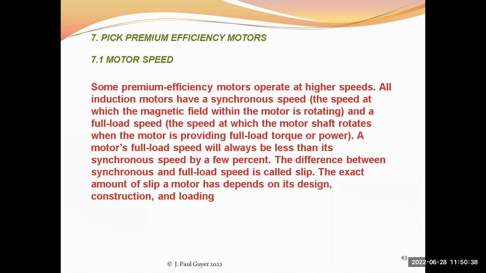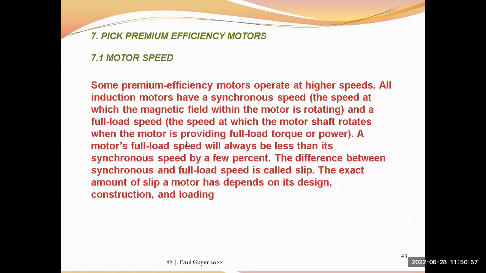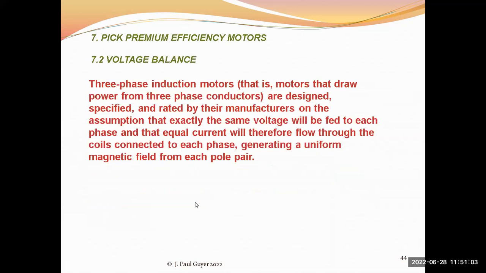A motor's full load speed will always be less than its synchronous speed by a few percent. The difference between synchronous and full load speed is called slip, and the exact amount of slip a motor has depends on its design, construction, and loading. And this is where the premium efficiency motors come into play.